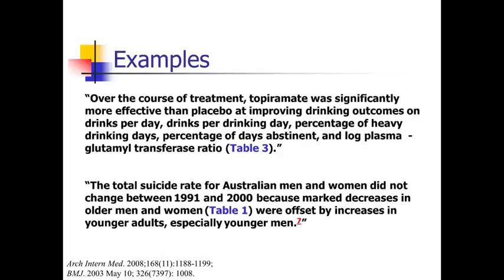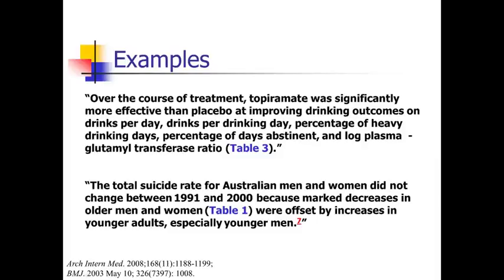This is a high-level summary because it's hard for the reader to go through all those numbers and figure out what's going on, but the author is saying there's no change over time overall, but if you look at the subsets, there's a decrease in one group and an increase in another group. So they're giving you the overall trends without any details on the numbers.